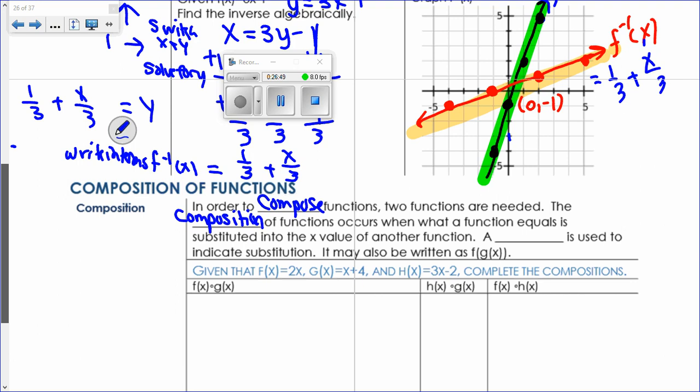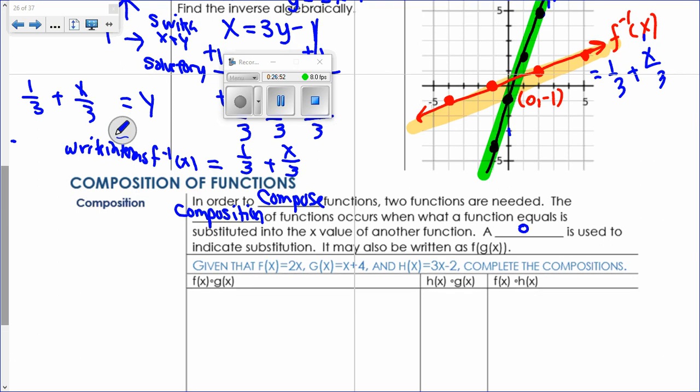This little symbol is used to represent composition. It looks like multiplication. It's not. It's a type of multiplication, but it's not exactly. Basically what you might see is f of x, that symbol, g of x, and what that means is you're replacing this function, all of it, inside of the x value.